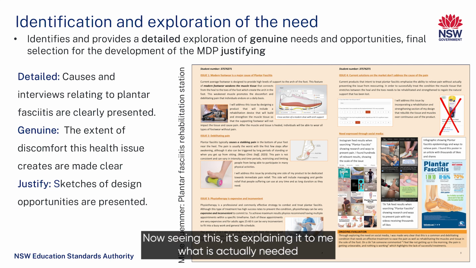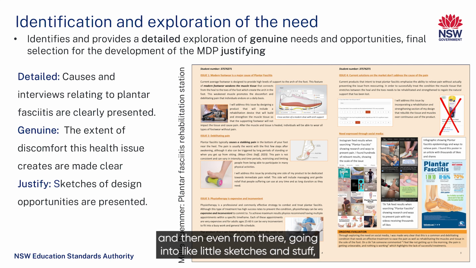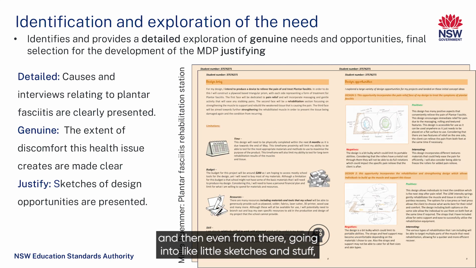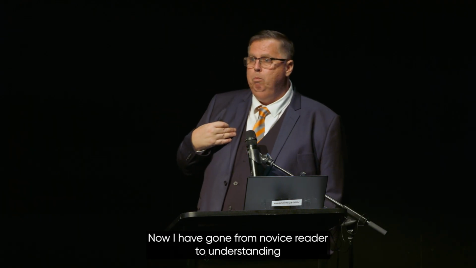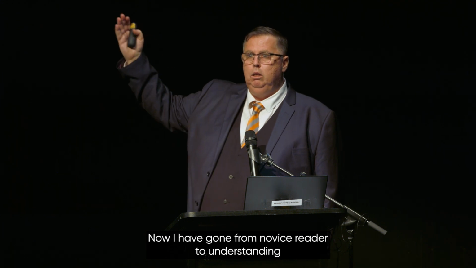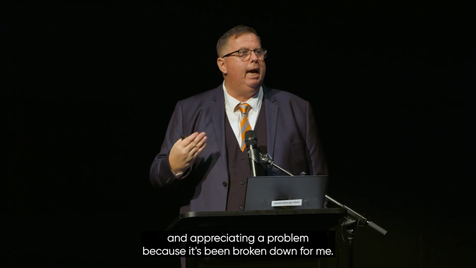Now seeing this, it's explaining to me what is actually needed and what needs to go through. The extent of the discomfort, what people are actually facing, and then even from there going into little sketches and stuff to actually show us where that inflammation occurs and how it does. Now I have gone from novice reader to understanding and appreciating a problem because it's being broken down for me.